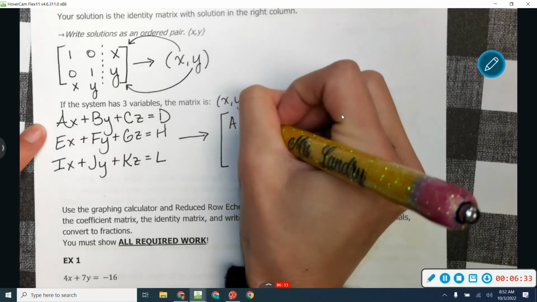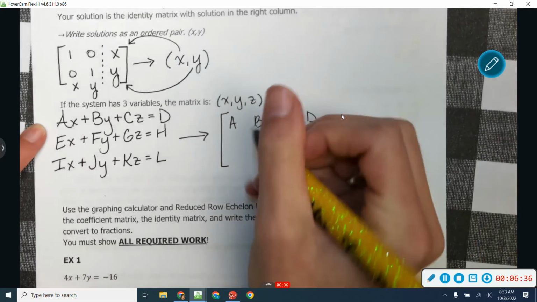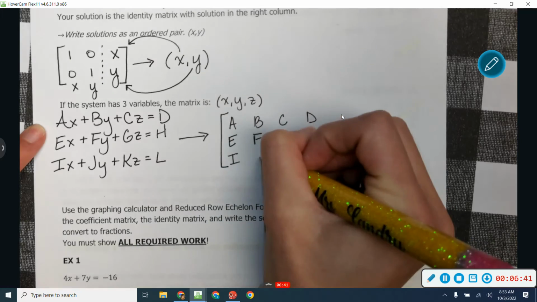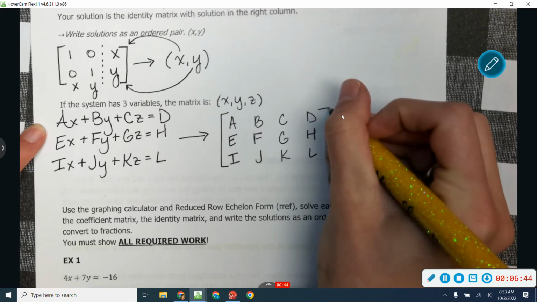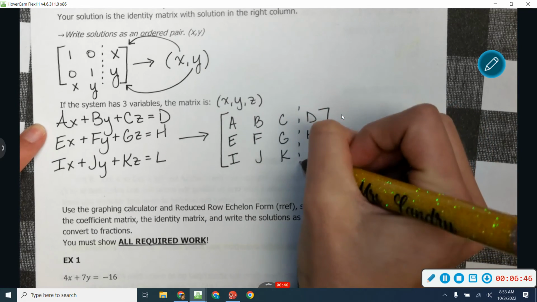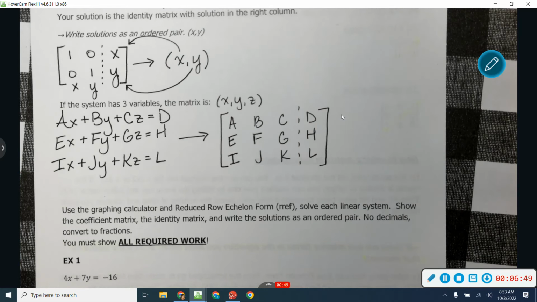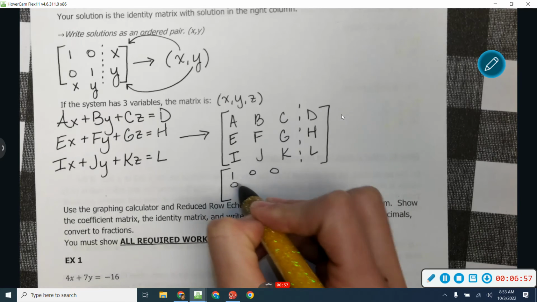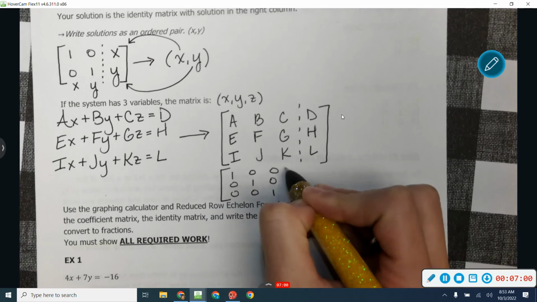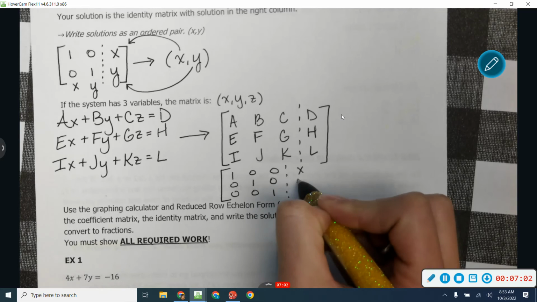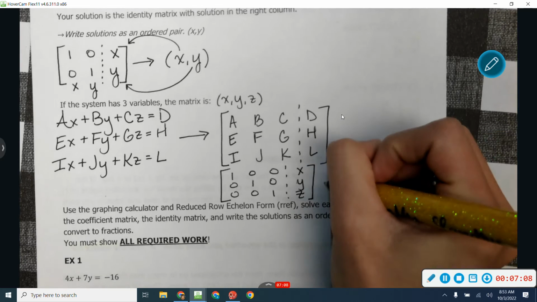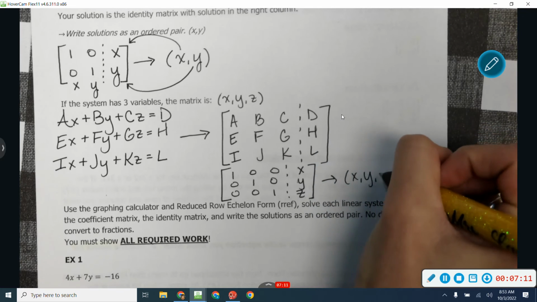So I've got A, B, C, D, E, F, G, H, I, J, K, L. Okay, and now I'm still going to separate that last column so that you see when you type that in your calculator, when you get your identity matrix, that's going to give you those 1 diagonals, but then you're going to have your X, Y, and Z. Okay, so now instead of an ordered pair, you're going to have an ordered triple.